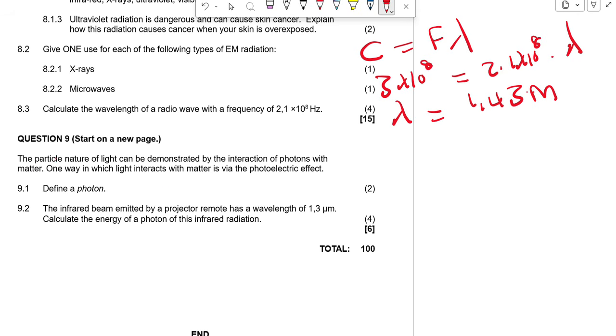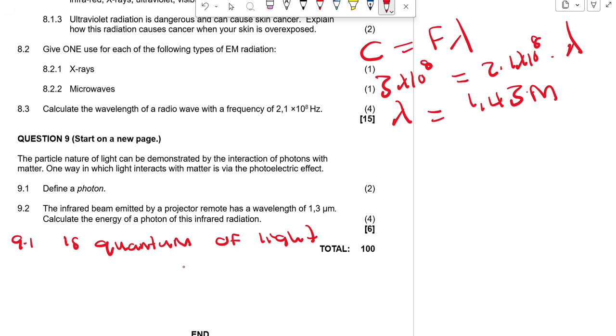They say the particle nature of light can be demonstrated by the interaction of photons with matter. One way in which light interacts with matter is via the photoelectric effect. Define photon. Guys, I'll write it here, 9.1. A photon is a quantum of light.